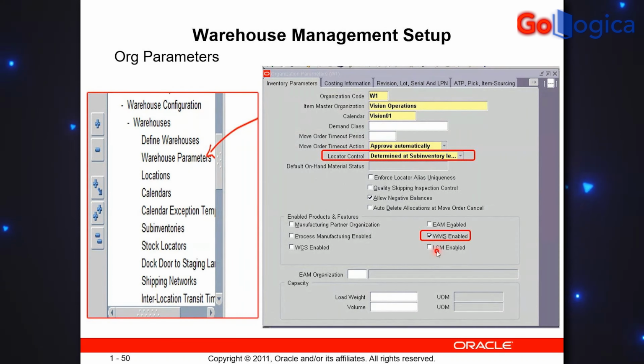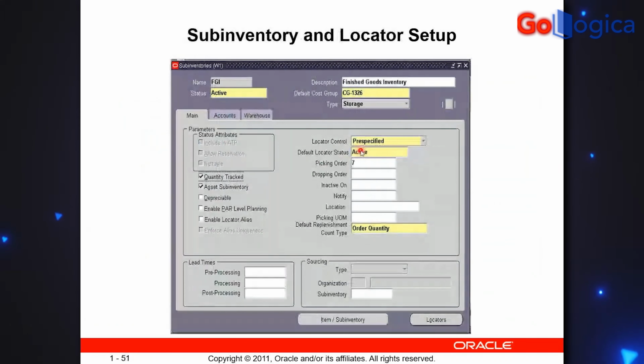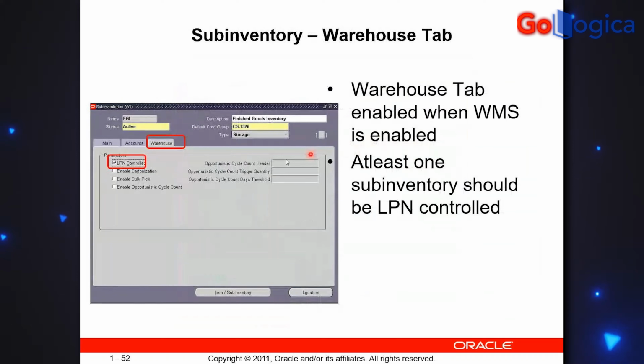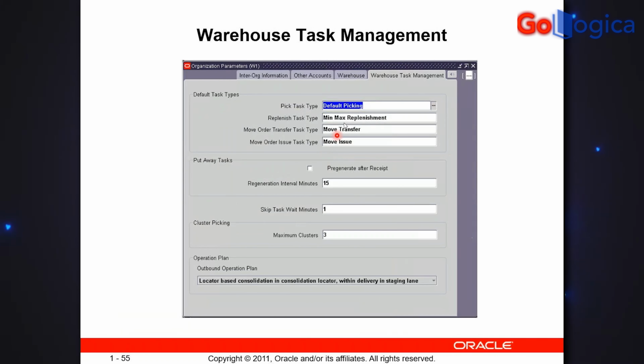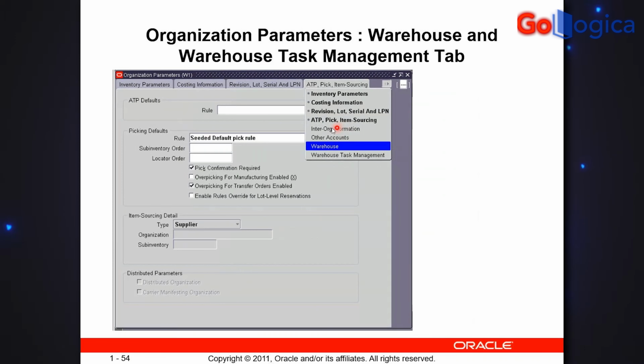And we discussed this checkbox. Whenever you check this WMS enabled checkbox, everything is the same except these two tabs. The first one is warehouse and the second one is warehouse task management. The warehouse task management is this one.